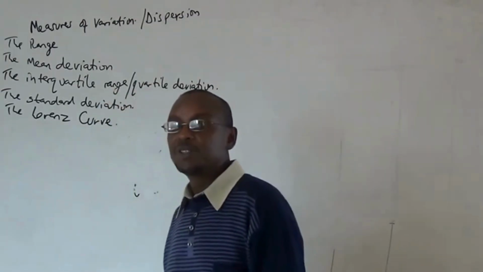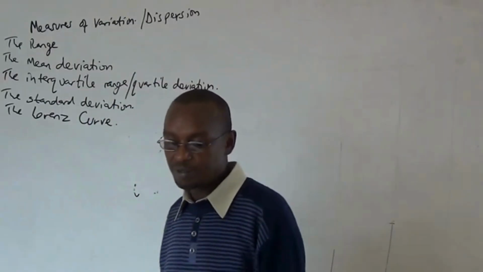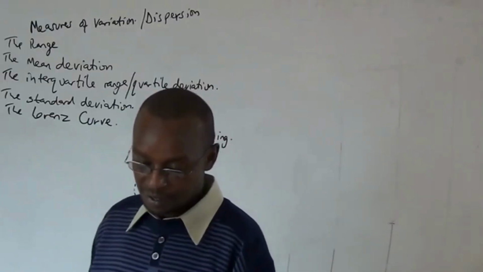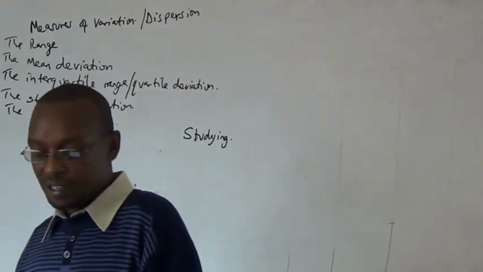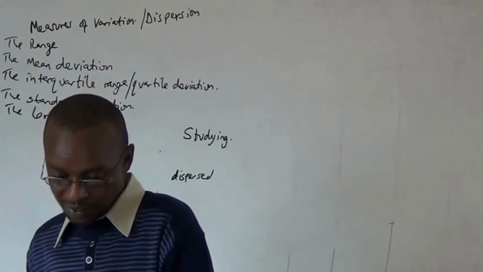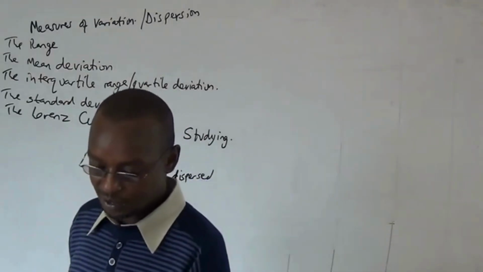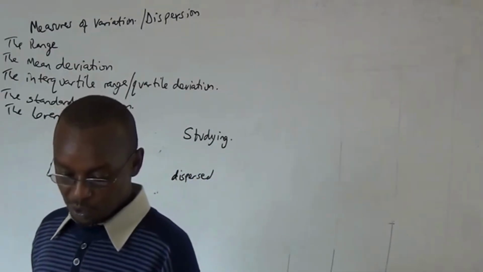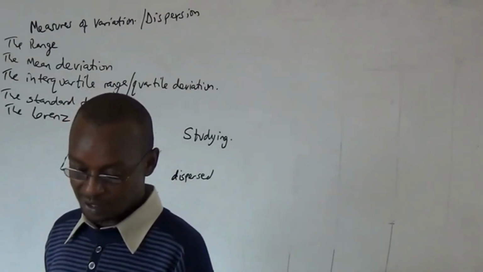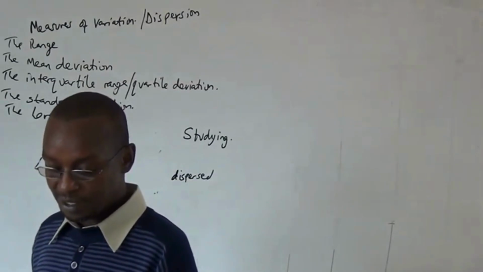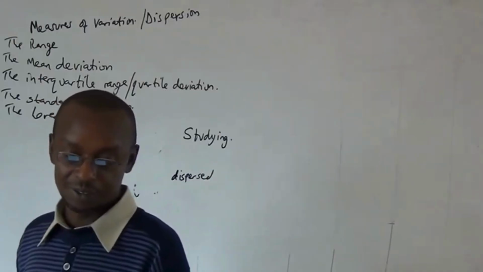We also need to observe that the smaller the value of the range, the less dispersed the observations are from the arithmetic mean, and vice versa. Another point, the range is not commonly used in business management because two sets of data may yield the same range but end up having different interpretations regarding the degree of dispersion.